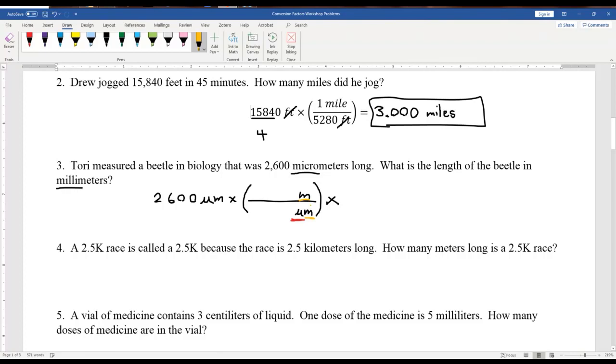So I put a 1 in front of the unit with the prefix micro, and then I put the meaning of the prefix in front of the base unit. Micro means 10 to the negative 6, as you can see from that chart. So 1 micrometer is 10 to the negative 6 meters. Does that make sense? Any questions on that? Does that make sense so far?